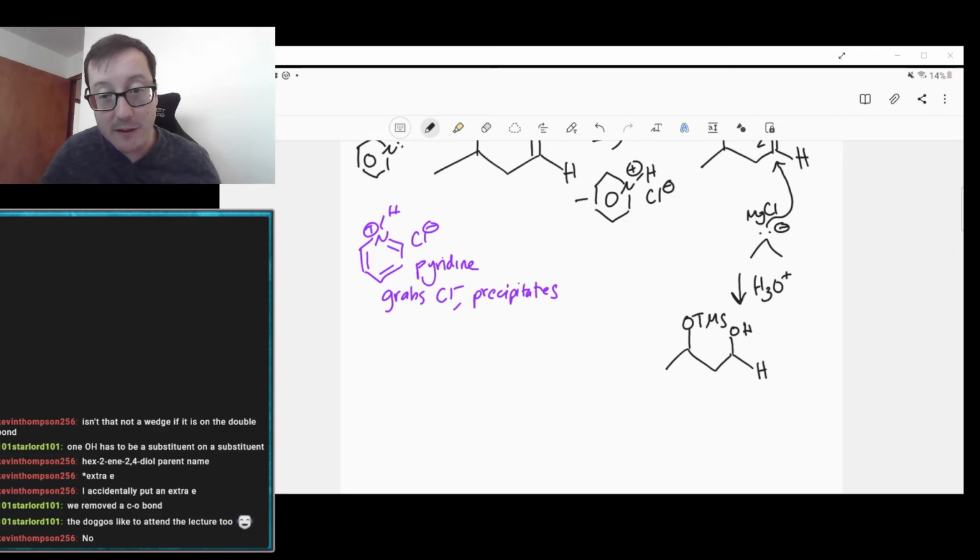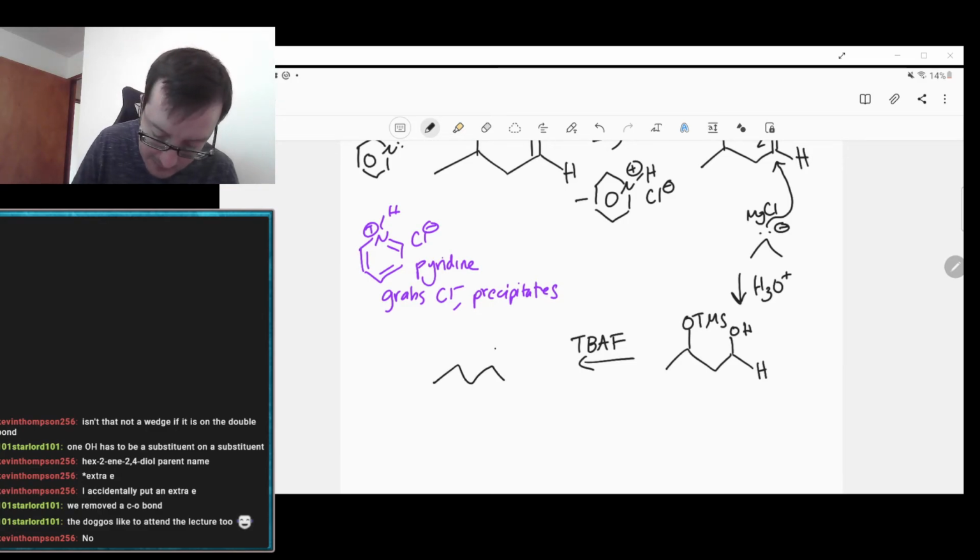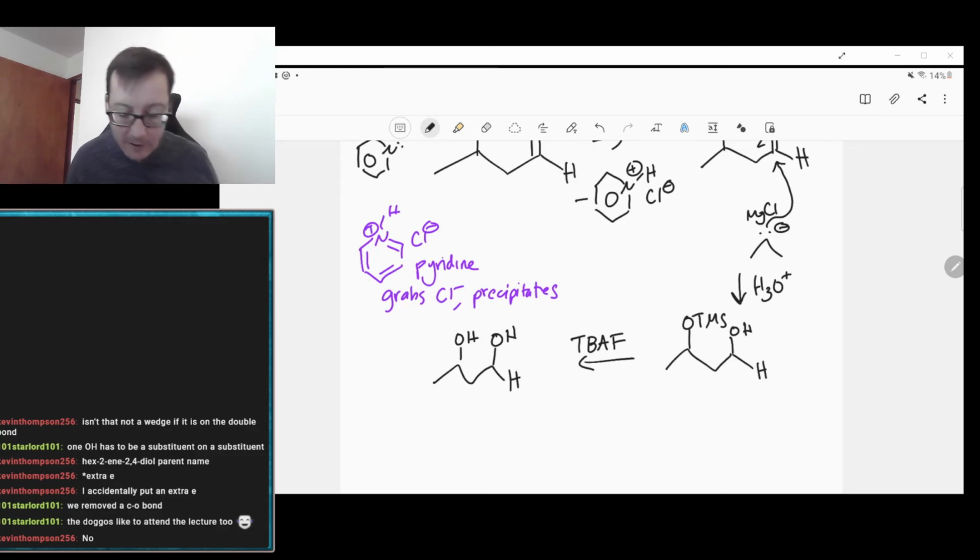And then to remove the TMS, very often you use TBAF. TBAF I'll show you in a second, and that'll deprotect it. So now that removes the TMS.